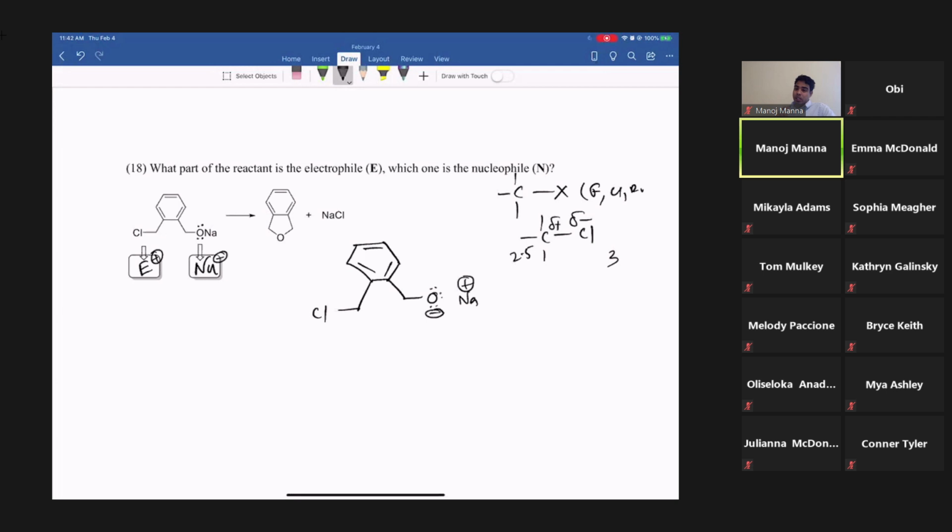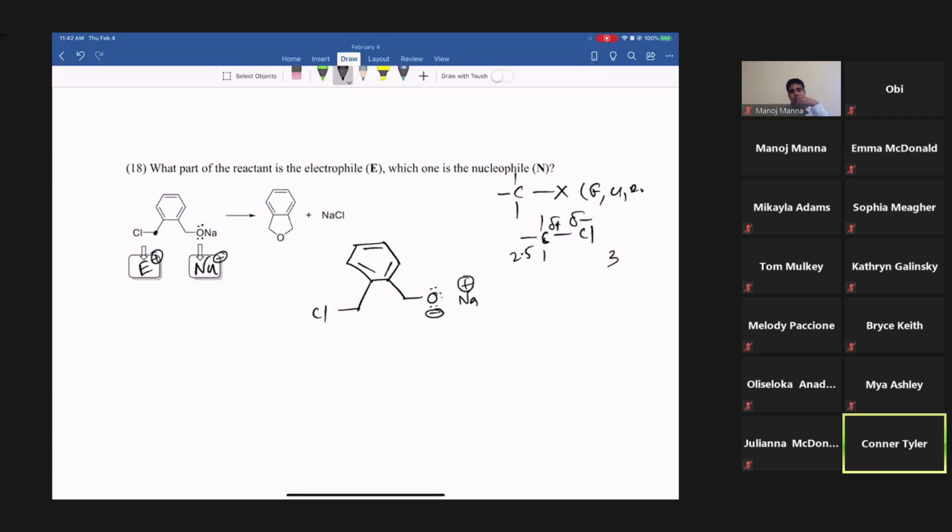Electronegativity is very important to understand where the electrophilic center and the nucleophilic center are. So this carbon becomes delta positive, meaning it is electron deficient. This carbon, delta plus, means electrophile. Does that make sense, guys?